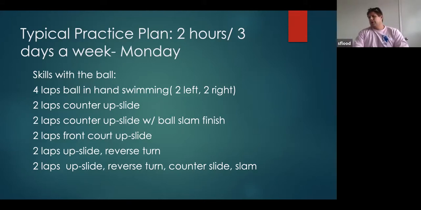You can do both: there's the reverse turn where you go all the way around, and there's the reverse turn where you just pull the ball through over your head, depending on your spacing. From there the series goes upslide, reverse turn, okay? Then you go into a counter slide because now the guy's on your back, and then you do a ball slam. You do two laps of that.